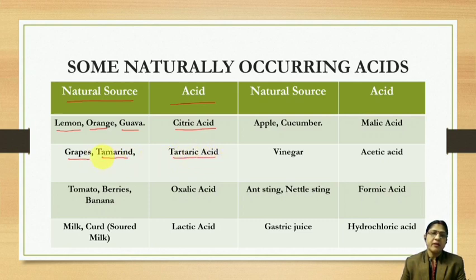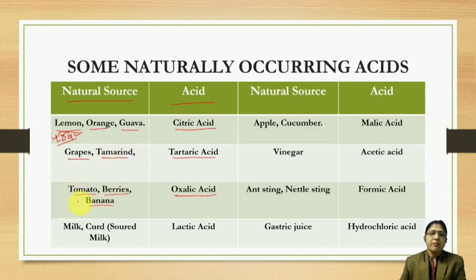You can remember here T for tamarind, tartaric acid. Grapes also have tartaric acid. And for citric acid you can remember LOG: L for lemon, O for orange, G for guava, not grapes. Right? Then tomato, berries, banana, all these contain oxalic acid.